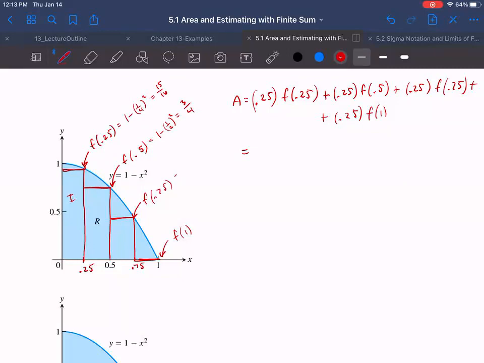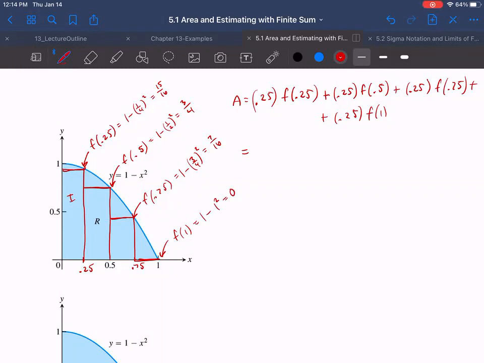Here we have 1 minus 3/4 squared. And so this is 9/16. So 1 minus 9/16 is going to be 7/16. And then for this last f of 1, which is 1 minus 1 squared, which is just 0.